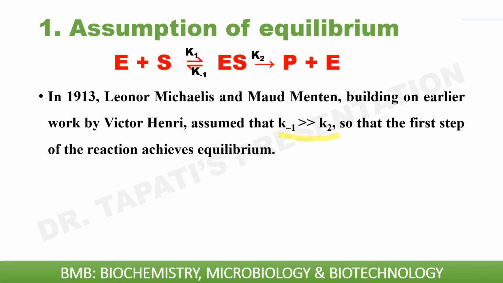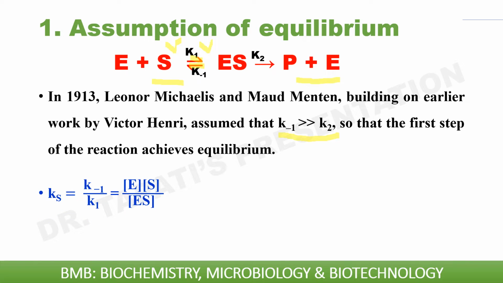That means conversion of ES to E plus S is greater than conversion of ES to product and E. So the first step, that is E plus S to ES formation, of the reaction achieves equilibrium. Here you can see the equilibrium sign. So the first step of the reaction achieves equilibrium because k-1 is much greater than k2.